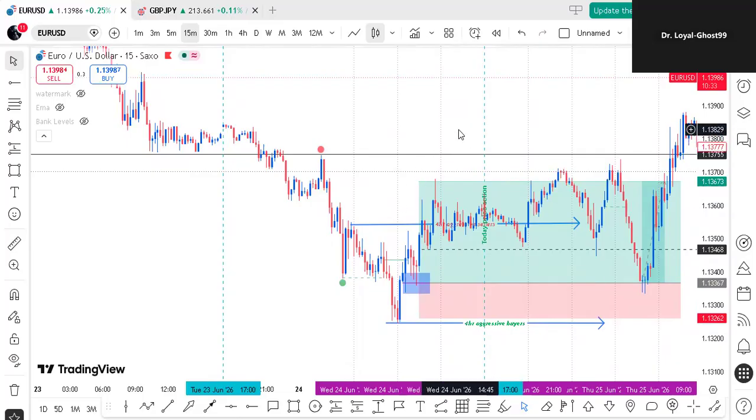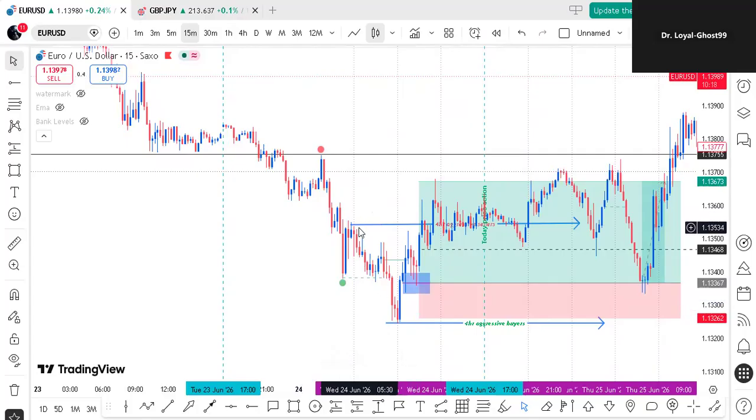Breakout, retrace, continue to trend; breakout, pull back, and fail, going back to the opposite; or price ranging.